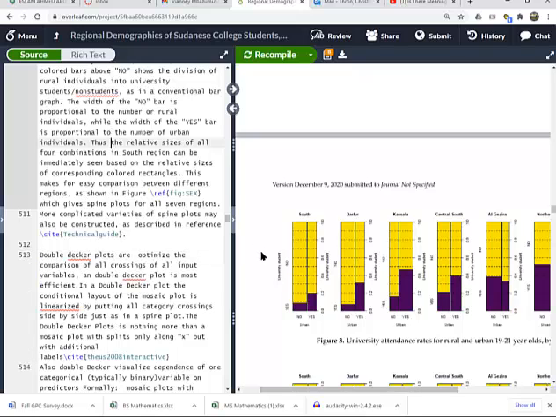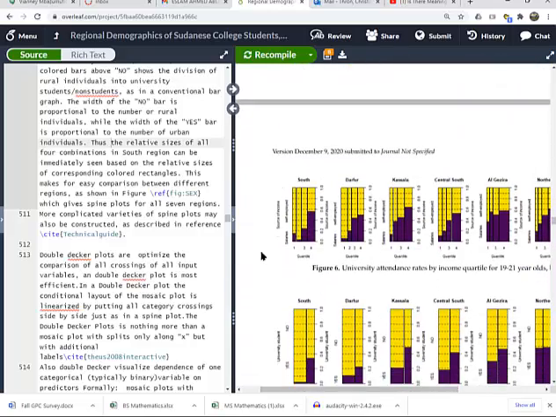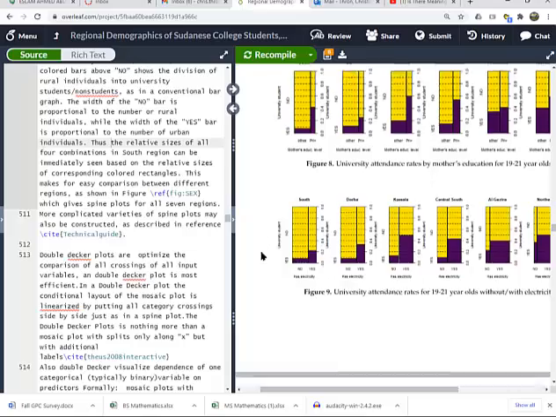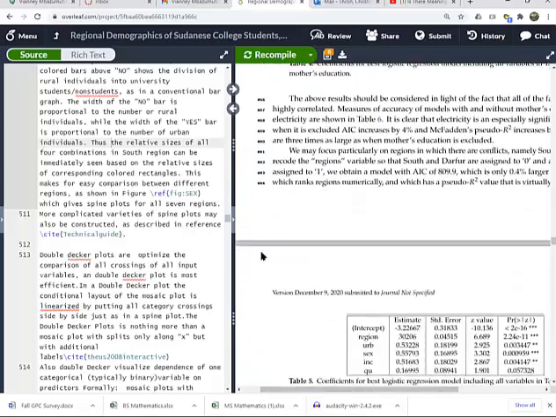So let's find a double-decker plot, and we can explain double-decker plots using the double-decker plot that we have.